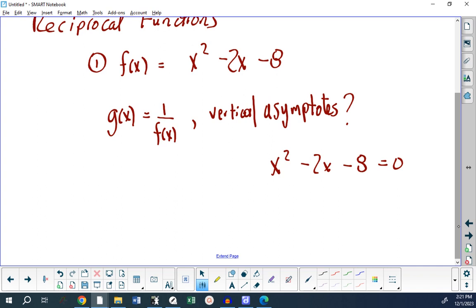If I said, for the same question, what are the x coordinates of the invariant points?